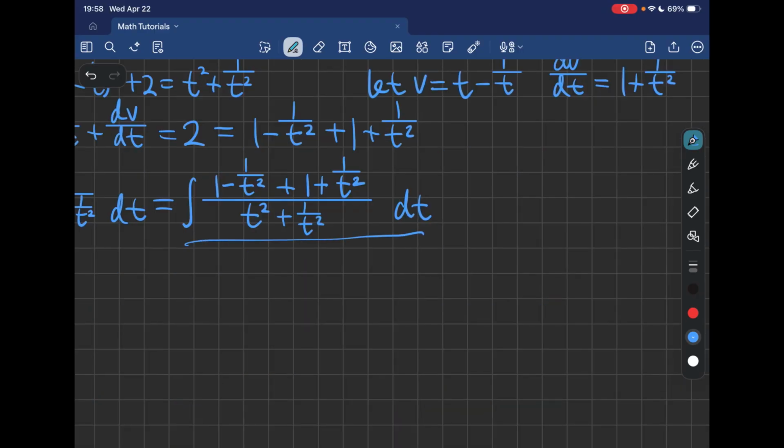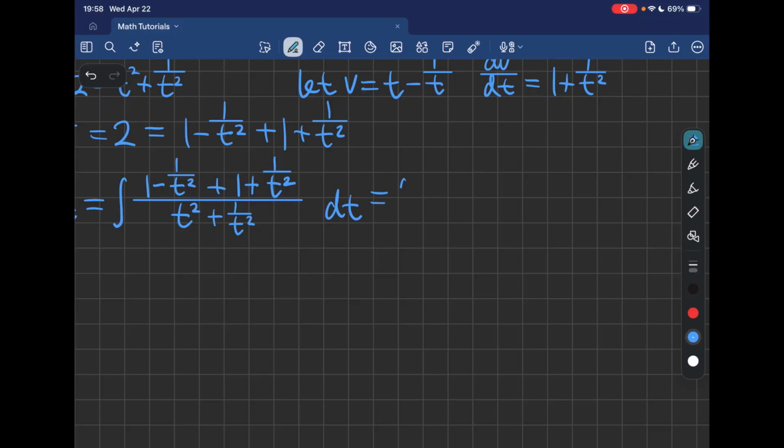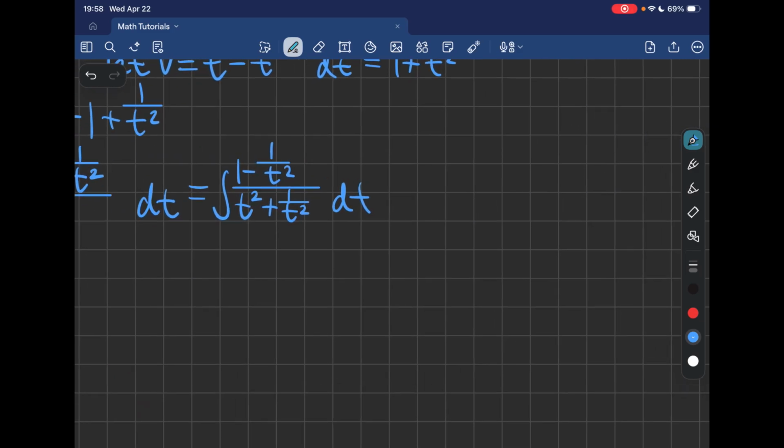So now let's rewrite this into 2 separate integrals. The first part is 1 minus 1 over t squared over t squared plus 1 over t squared dt, plus 1 plus 1 over t squared over t squared plus 1 over t squared dt.